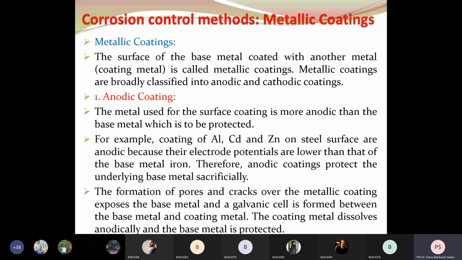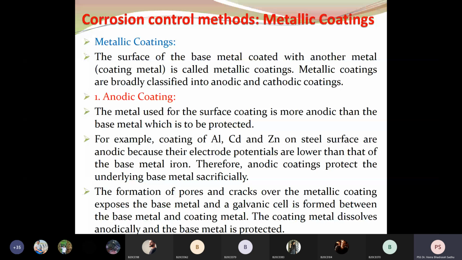So in this case, you take your base metal, and on the base metal, you coat a thin film of a different metal, could be a few microns in size, on the surface of the metal. So this is called metallic coatings.